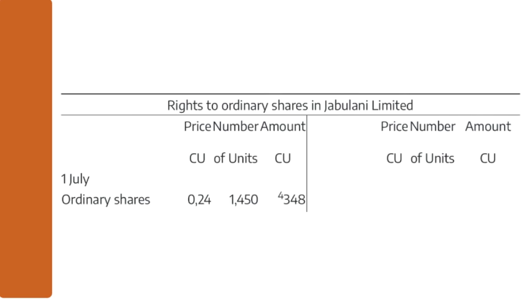So if we have a look in the rights account, we bring in the amount of 348. We know that we received 1,450 rights. It's rights at this point. We are in the rights T account. So you can go and calculate for every 4 ordinary shares that you had, you got 1 right. So how many rights did you get? 1,450.